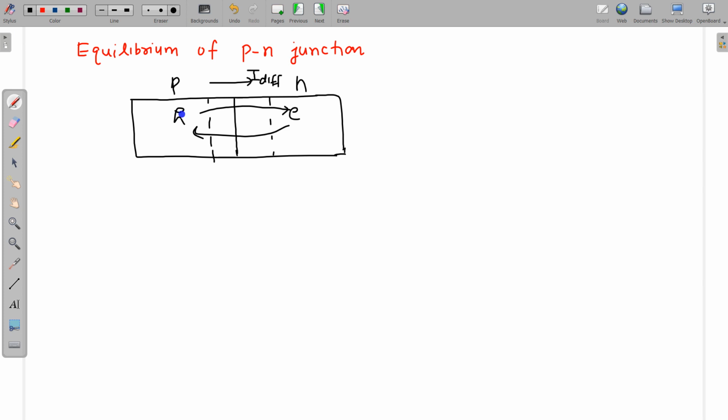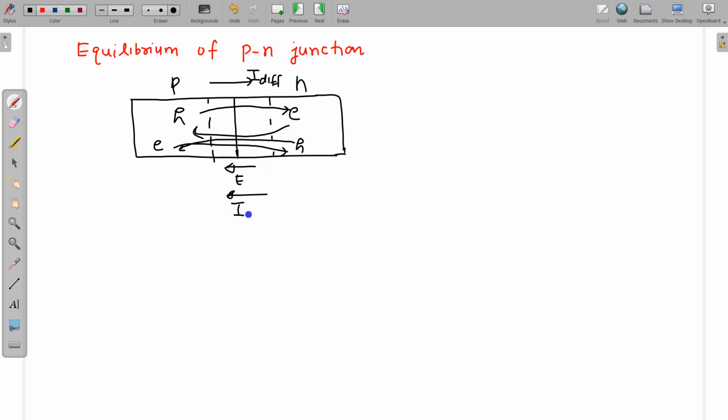As the holes and electrons are diffused, there is a space charge density in this region, and due to this space charge density there is an electric field, and this electric field promotes the motion which is called drift, and in the drift the minority charge carriers are also moving across the junction, and this gives rise to the drift current.